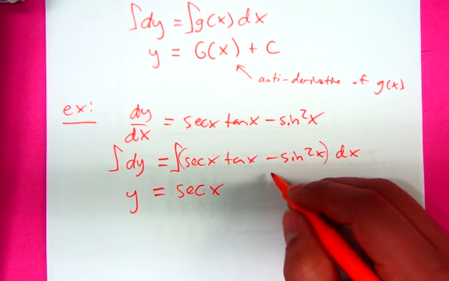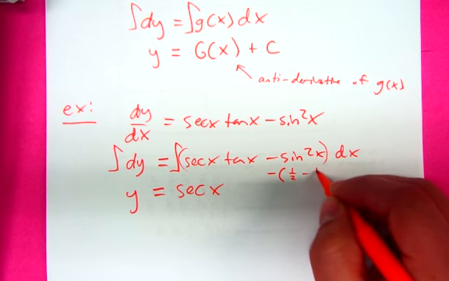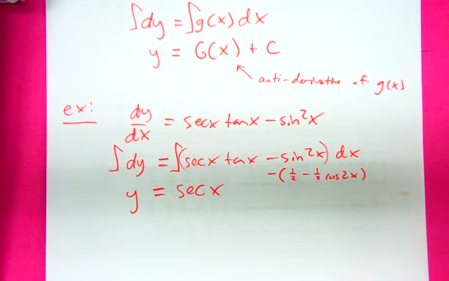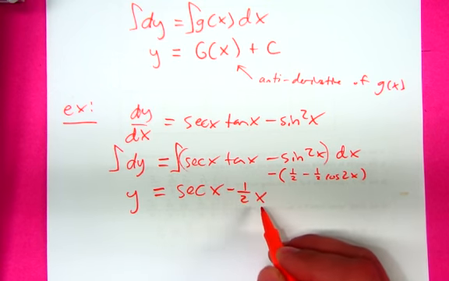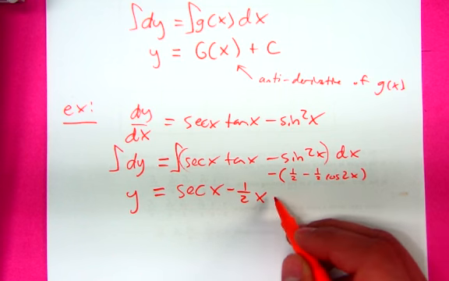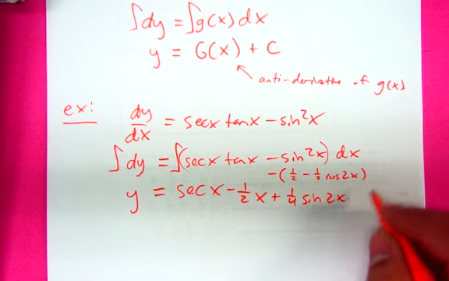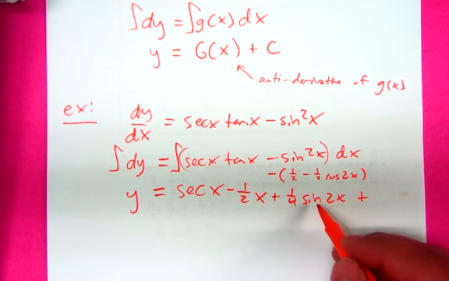Maybe we should think of sine squared x as 1/2 minus 1/2 cosine 2x, if it helps. So what's the answer then? Minus 1/2 x. Minus 1/4, or plus 1/4 sine 2x, plus, no, negative times negative is positive.